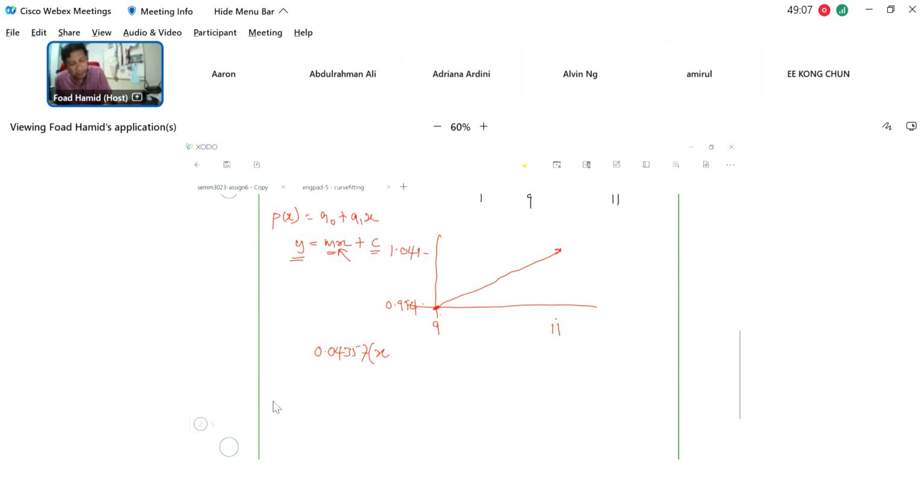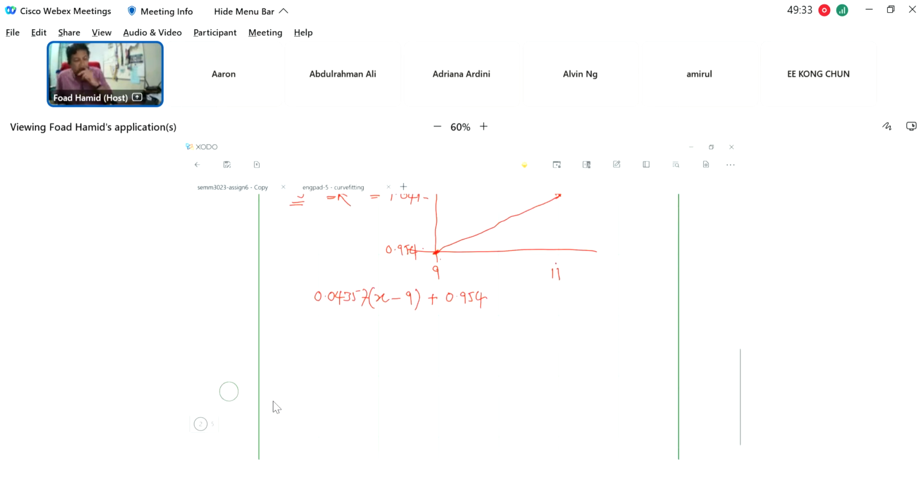But my x-axis shifted from 0 to 9, because this is my new origin here, plus my intercept is this value here, 0.954.